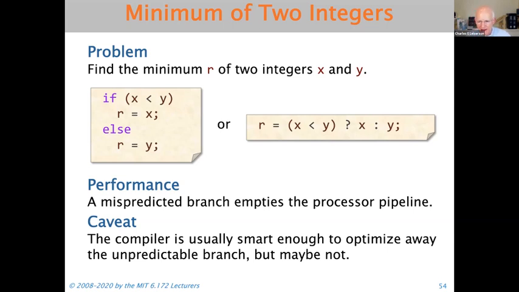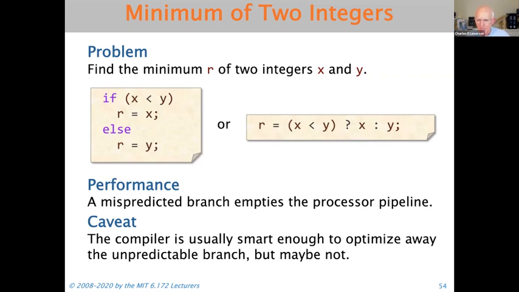If it predicts correctly, that's a speed up over waiting around for the result of the test before resuming the computation. But if the processor mispredicts a branch, it's got to stop, flush its pipeline, and throw away all the speculative results that it has computed for instructions it wasn't supposed to execute. So in general, if you can remove difficult to predict branches from your code, that will speed up your code.